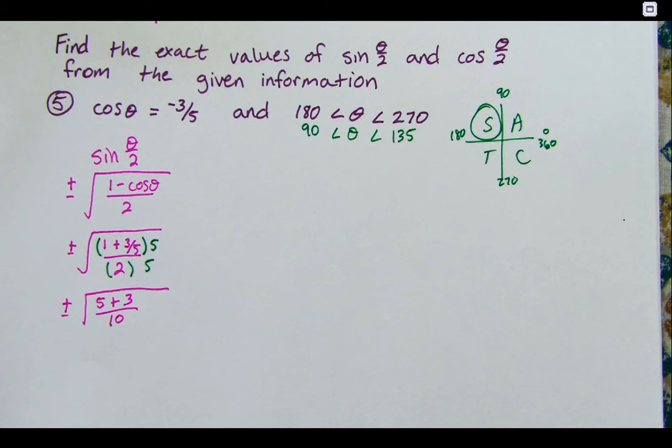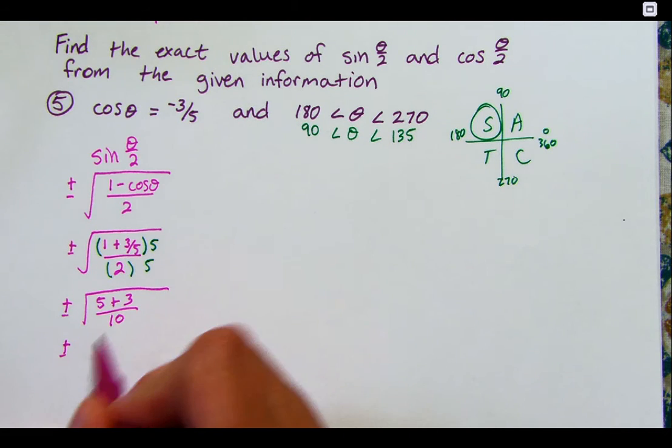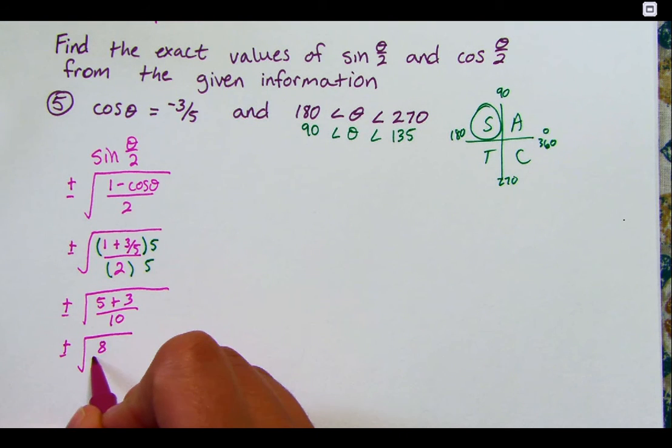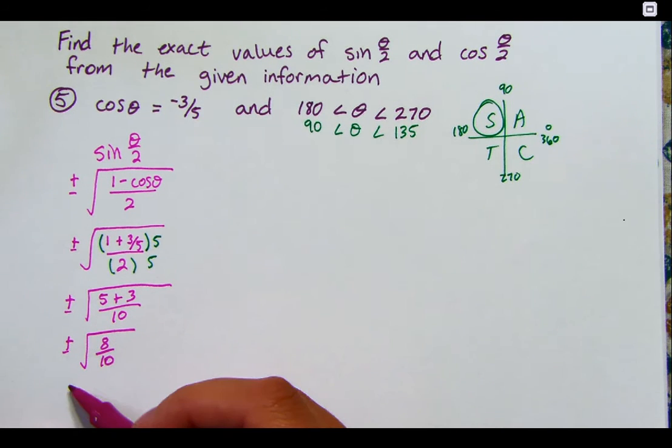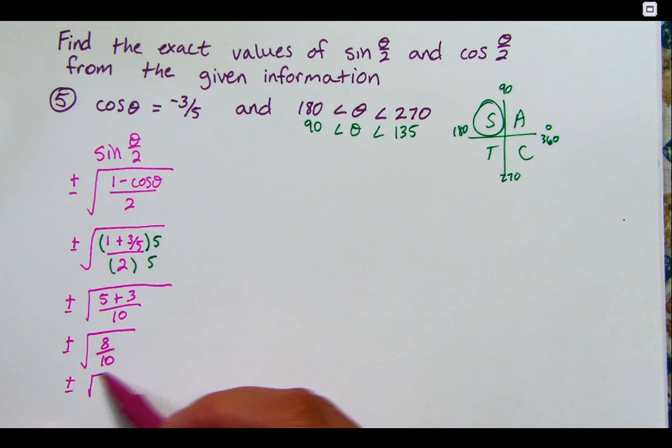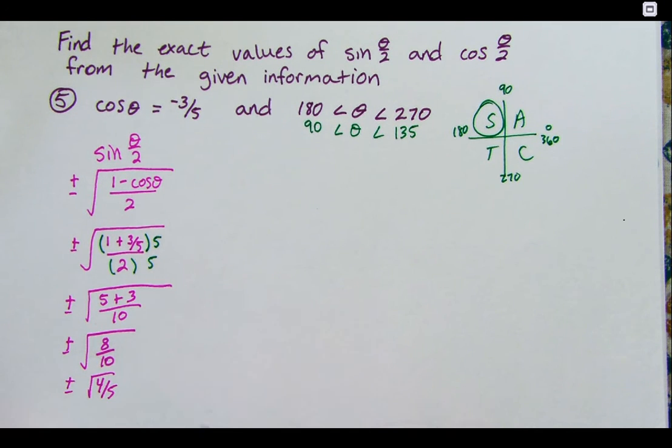Okay. Now this time I don't have a square root and a square root, so I need to keep simplifying. So 5 plus 3 is going to be 8 over 10. We can divide each of those by 2, so this will be 4 over 5.